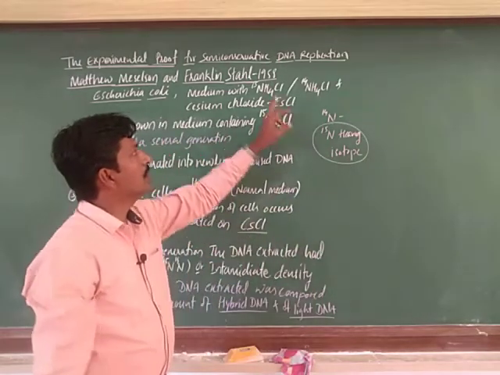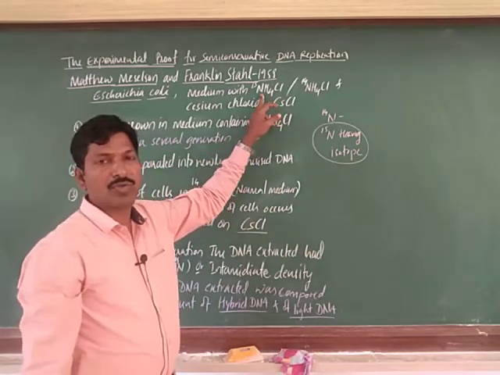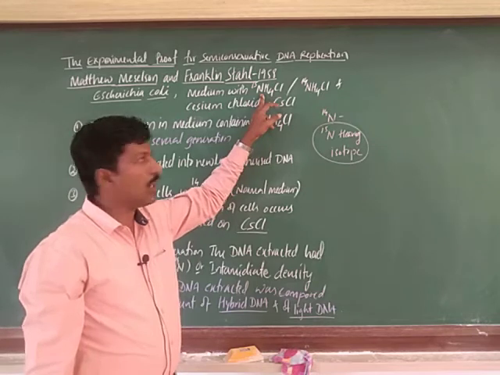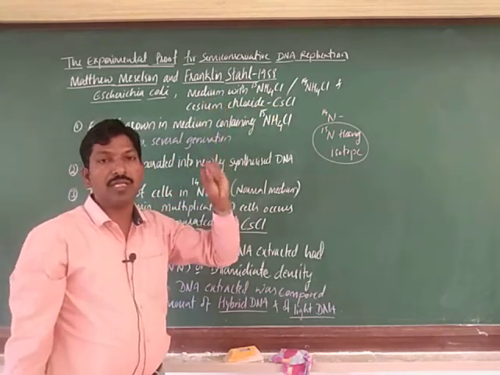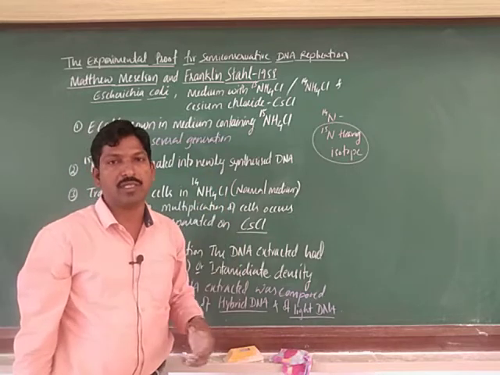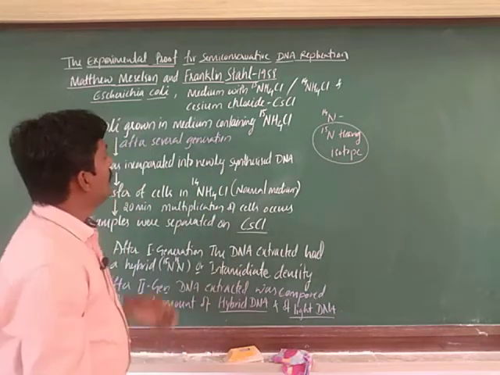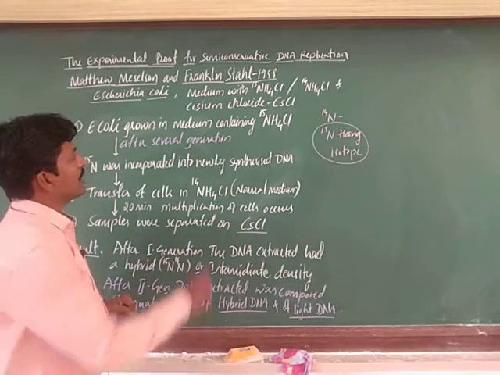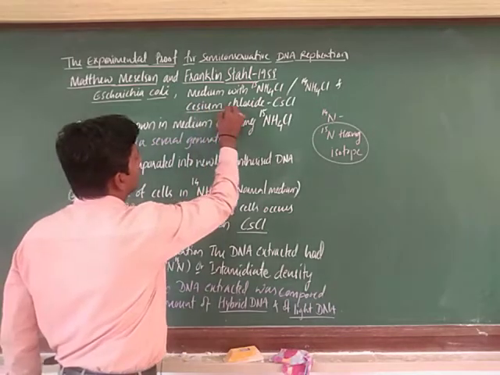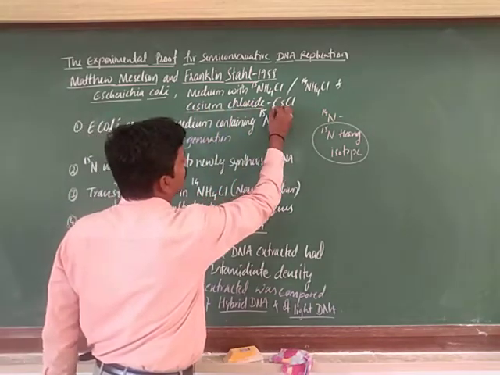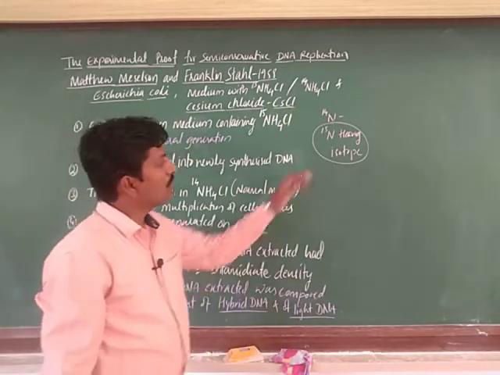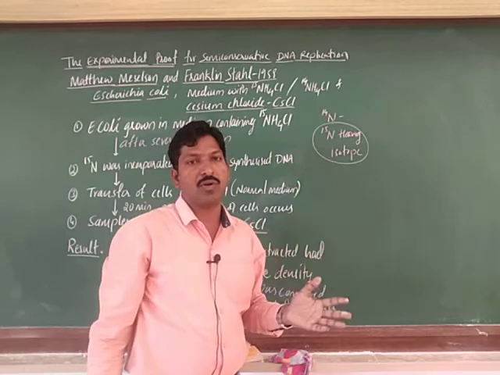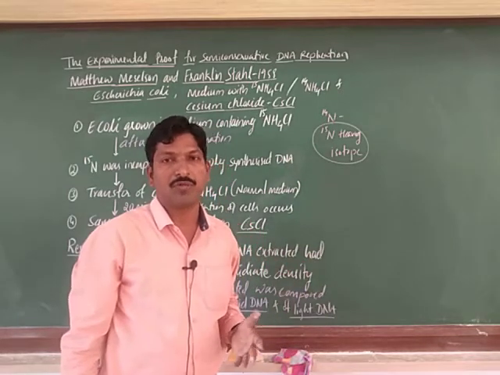So the NH4Cl, ammonium chloride, is there in the media which they used for the culture of that bacteria. Another chemical is also used here, cesium chloride, CsCl, because this experiment depends on the heavy isotope of nitrogen.